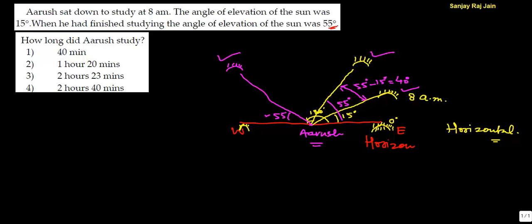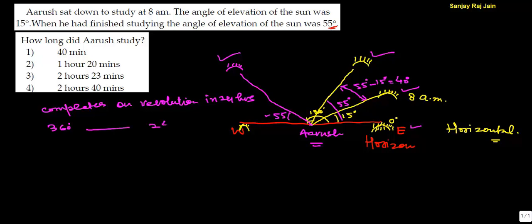So assuming that the sun rises exactly after 24 hours, the sun completes one revolution in 24 hours, thereby making an angle of 360 degrees. So 360 degrees of angle is covered in 24 hours.